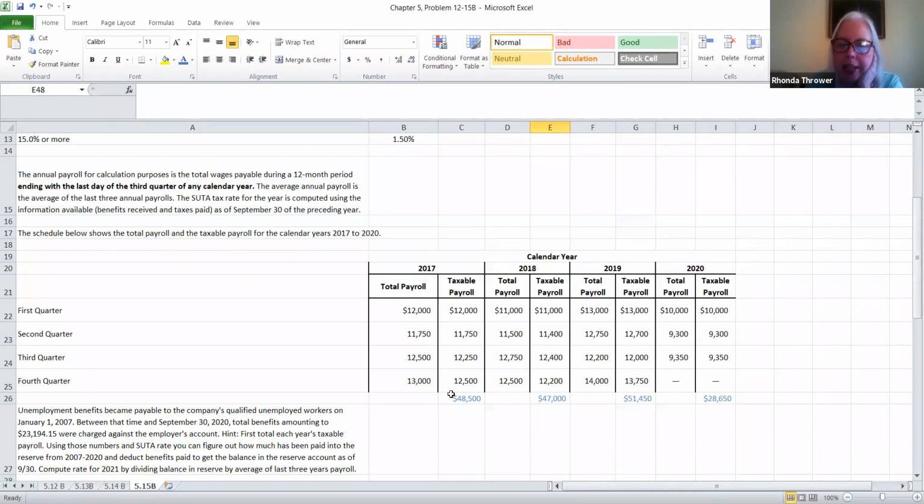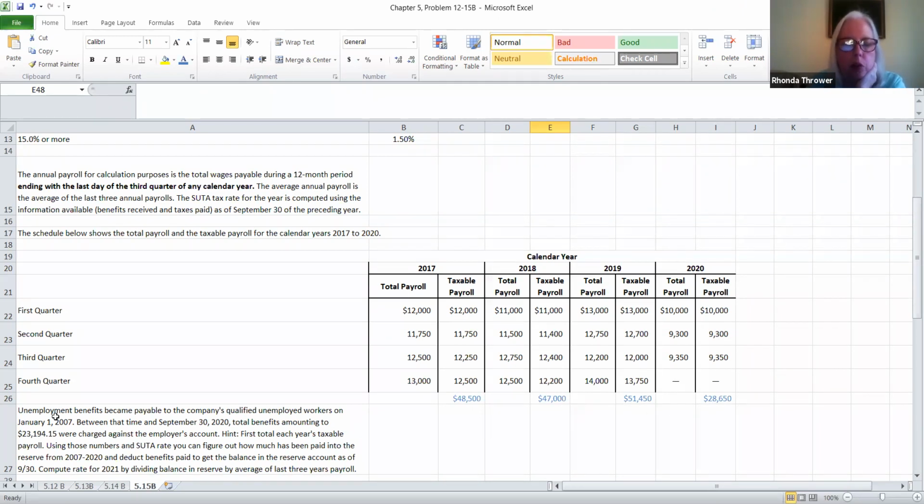So what I did is I added all these together to give me my total taxable payroll for 2017. My total taxable payroll for 2018, I added those together to get 47,000. I did the same thing for 2019 and 2020.